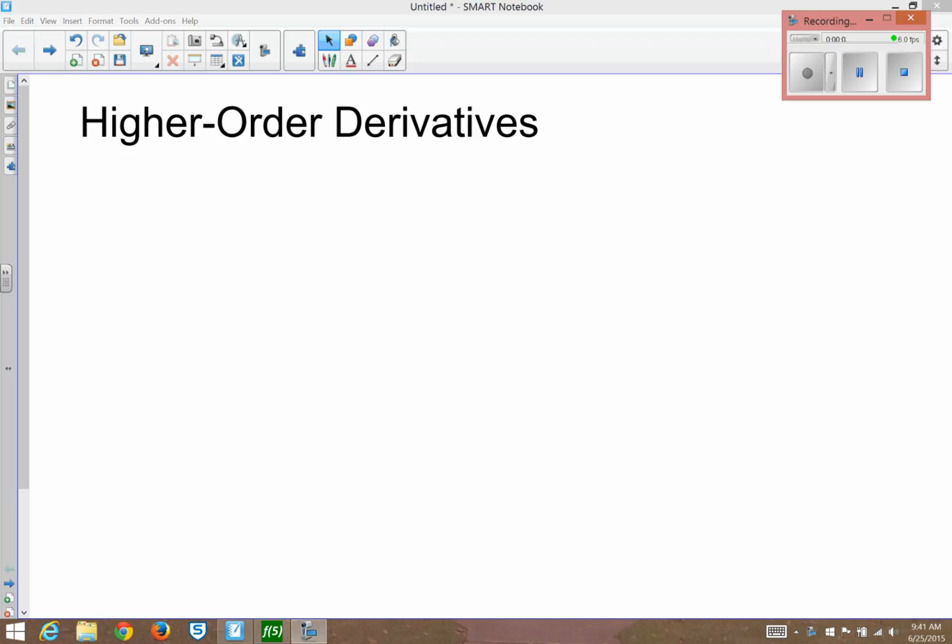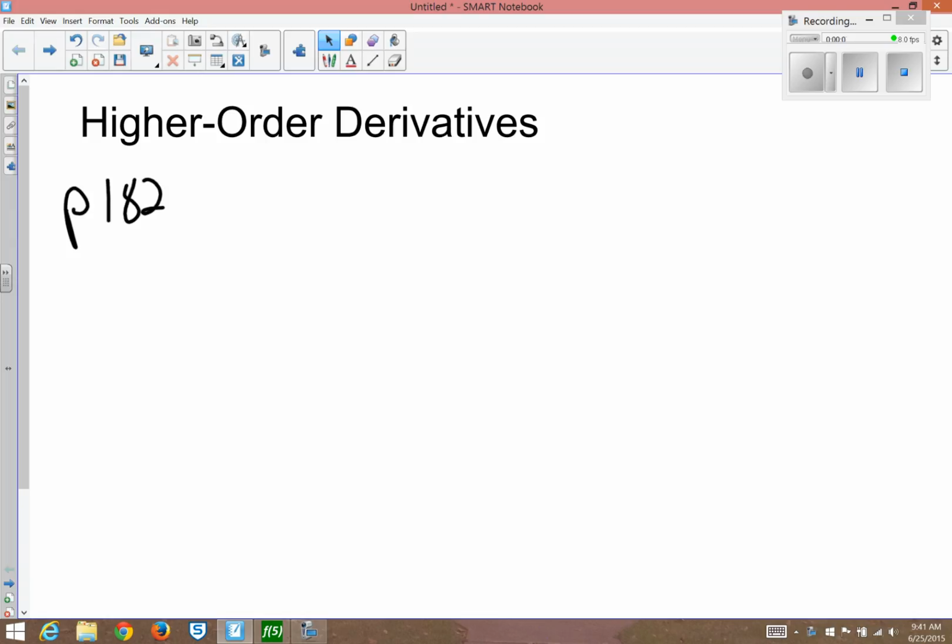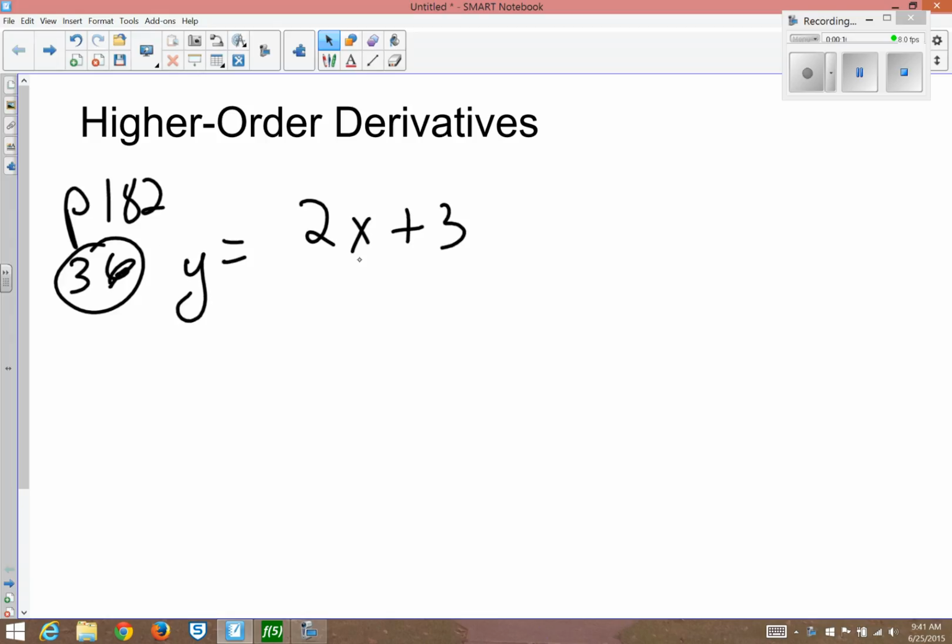Higher order derivatives. On page 182, exercise 36, y equals (2x plus 3) over (5x minus 1). Y prime is the derivative.